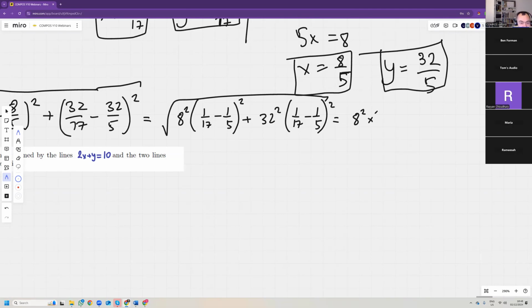So 8 squared times 12 squared over 17 squared times 5 squared. I realize you don't have to do this. Plus 32 squared times 12 squared over 17 squared times 5 squared.